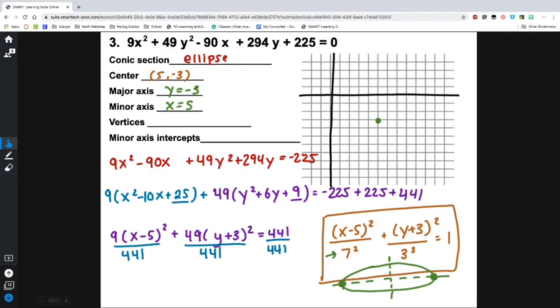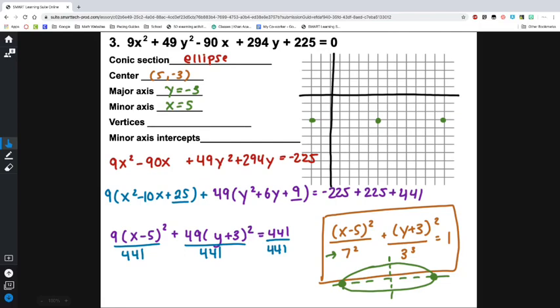x-axis here. Okay, and given the information that we've got, that's our center. Now, along the x-axis, the number under x is 7, so we're going to go left and right 7. And then up and down, that is the y value.